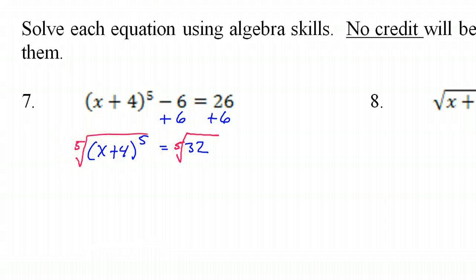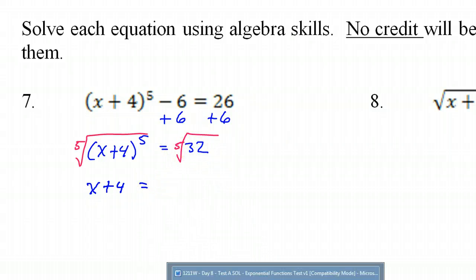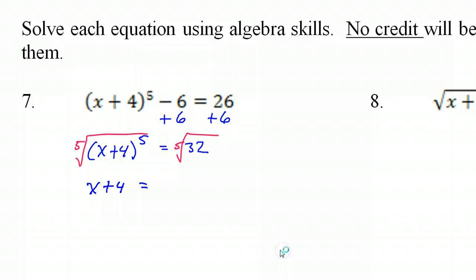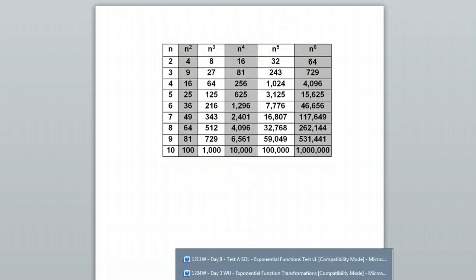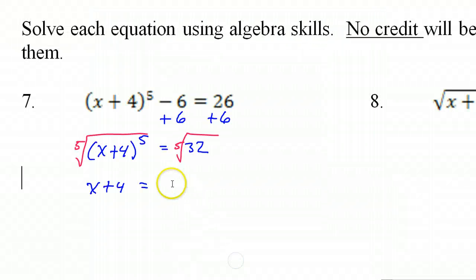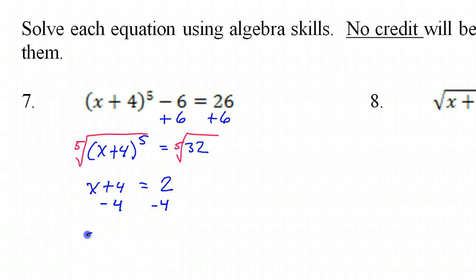So that is going to give us x plus 4, because the root and the power cancel out. And then the 5th root of 32, I know that it is 2, but if you did not know that, you could use a chart like this one. 5th root of 32 is 2. Alright, and then we just subtract 4 from both sides, and we get x equals -2.